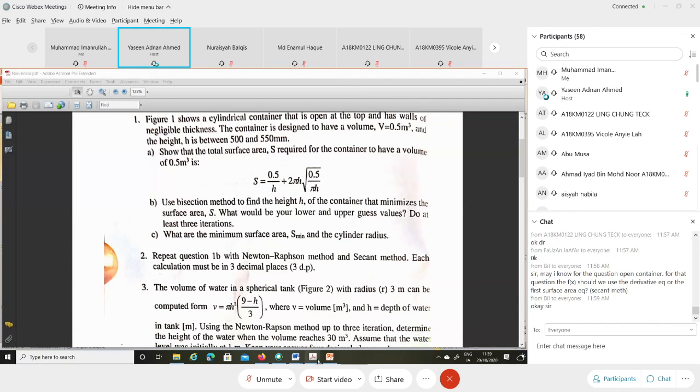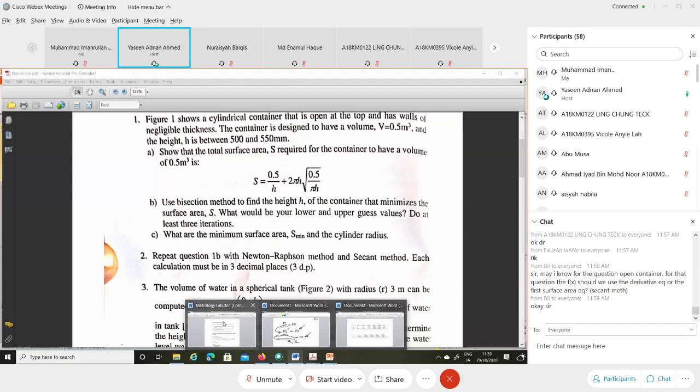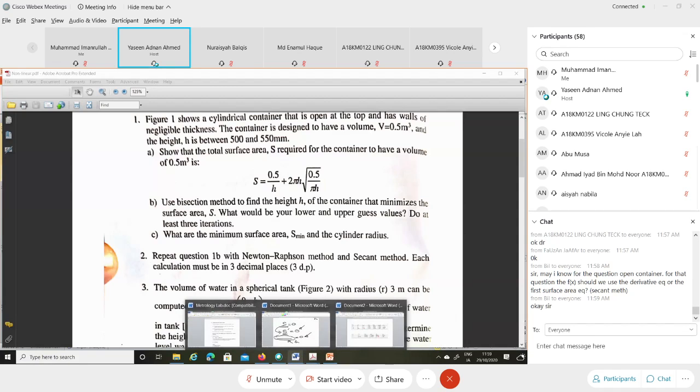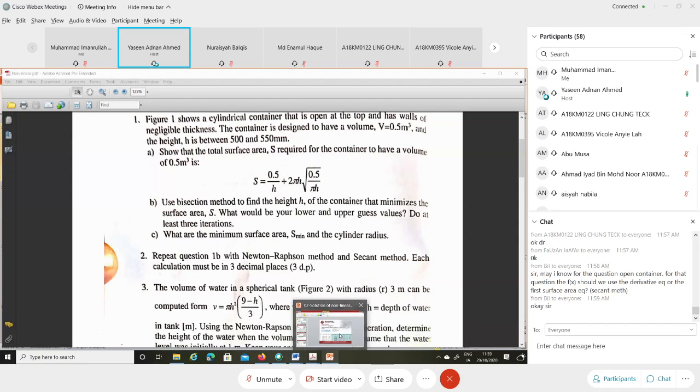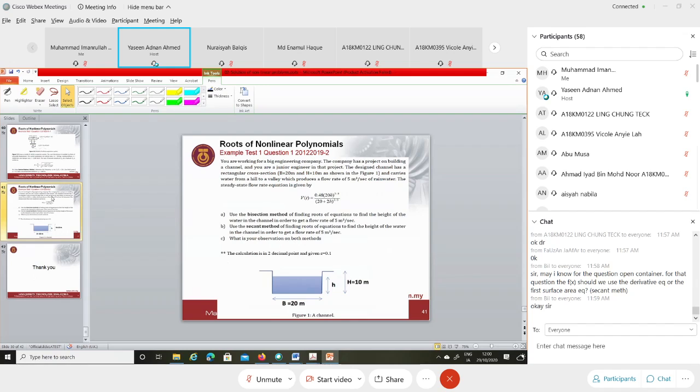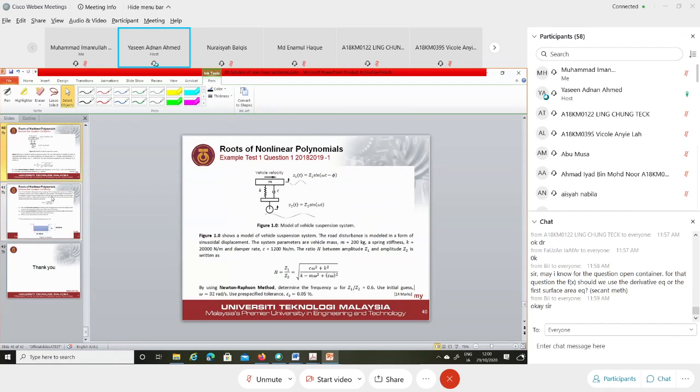Okay. So now I go to Newton-Raphson. Newton-Raphson, which one should we choose? We just consider this one.